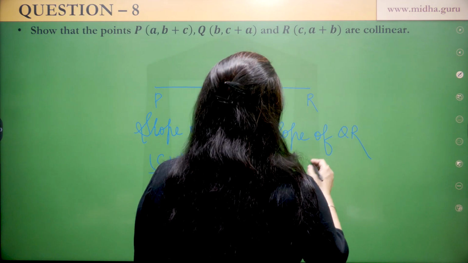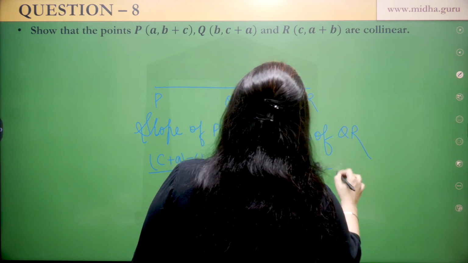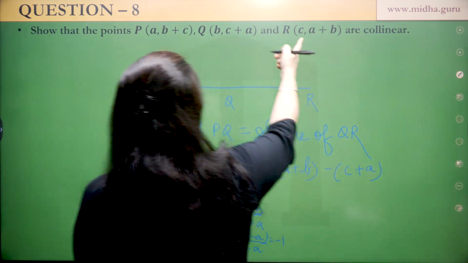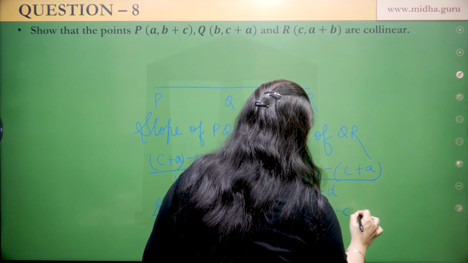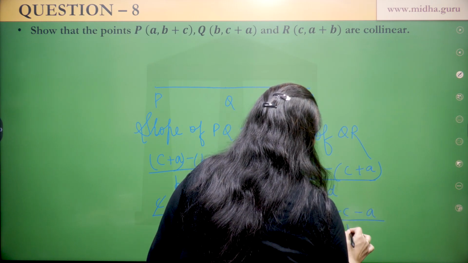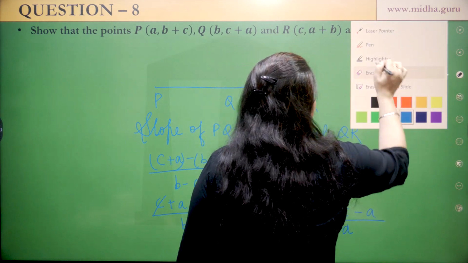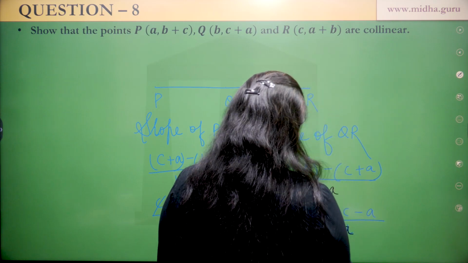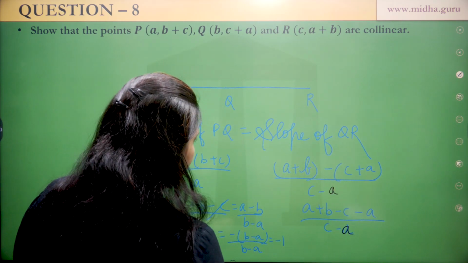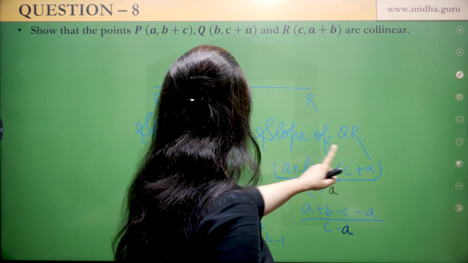We'll find QR. QR will be again y2 minus y1 by x2 minus x1. Y2 is A plus B minus C plus A by C minus B. A and A are getting cancelled.